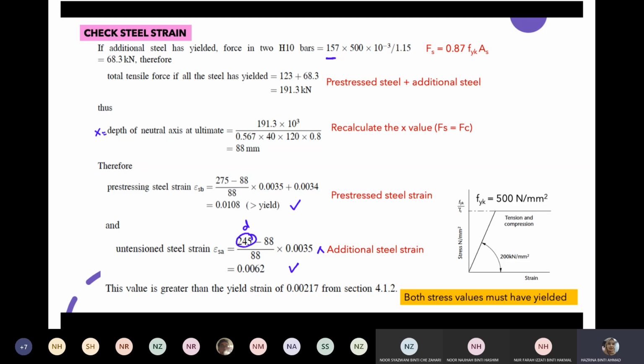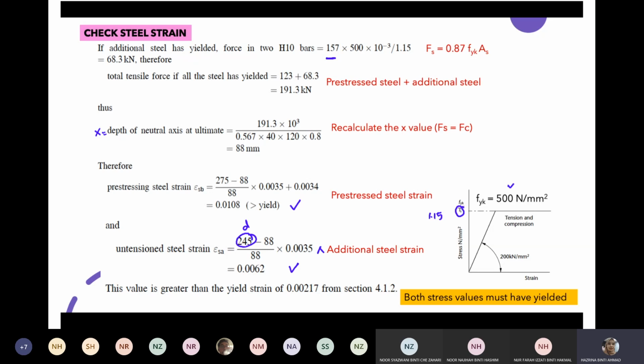As for this value for the untensioned steel strain, since it is considering a higher steel, the stress strain curve must also be the higher steel stress strain curve. We can see here we have fyk of 500. We divide this by the partial factor of safety, which is similar to the pre-stressing steel.